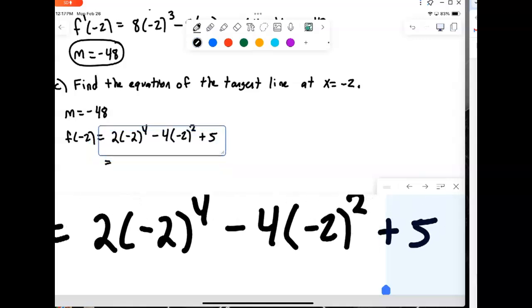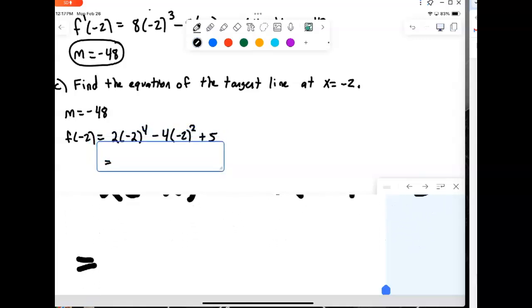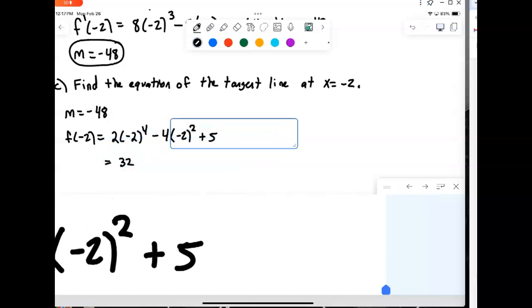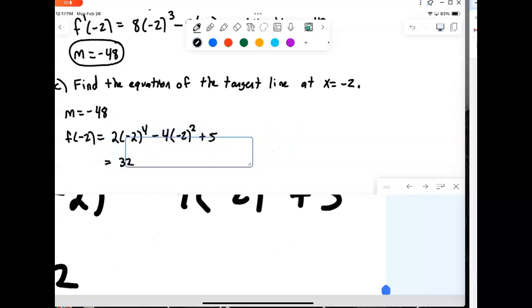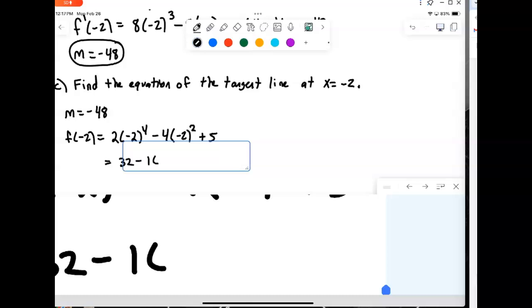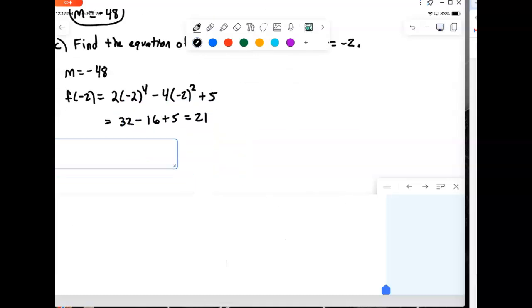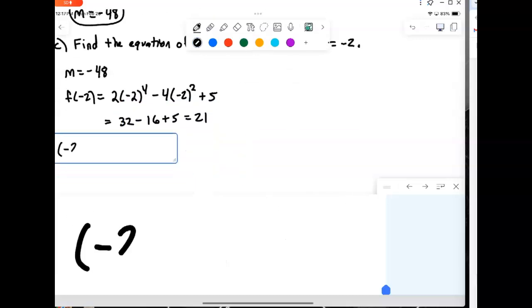Negative 2 to the fourth would be positive 16 times 2 would be 32. Negative 2 squared would be 4. 4 and 4 would be 16 when we multiply, plus 5. So we're going to end up getting f of negative 2 equals 21. So we know that we're dealing with the point negative 2 for x, 21 for y.